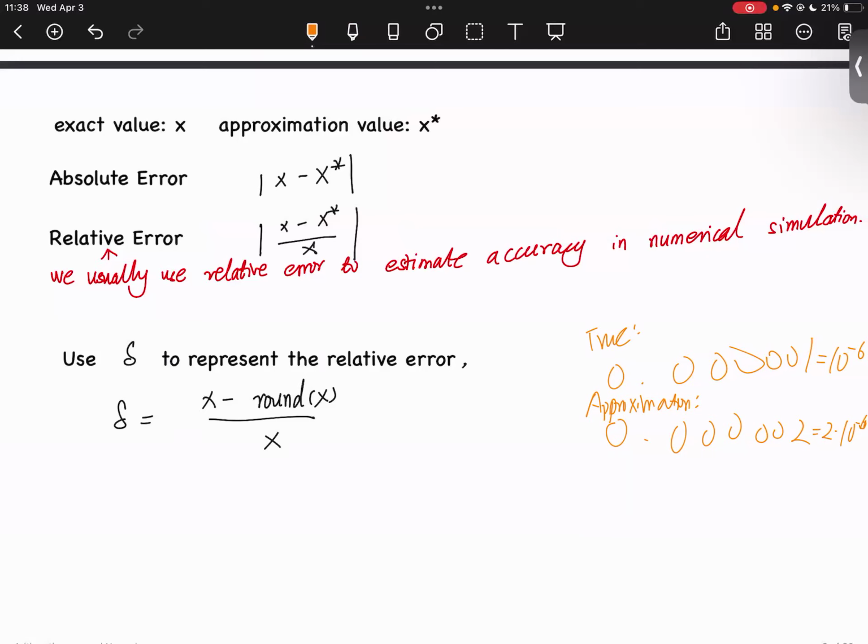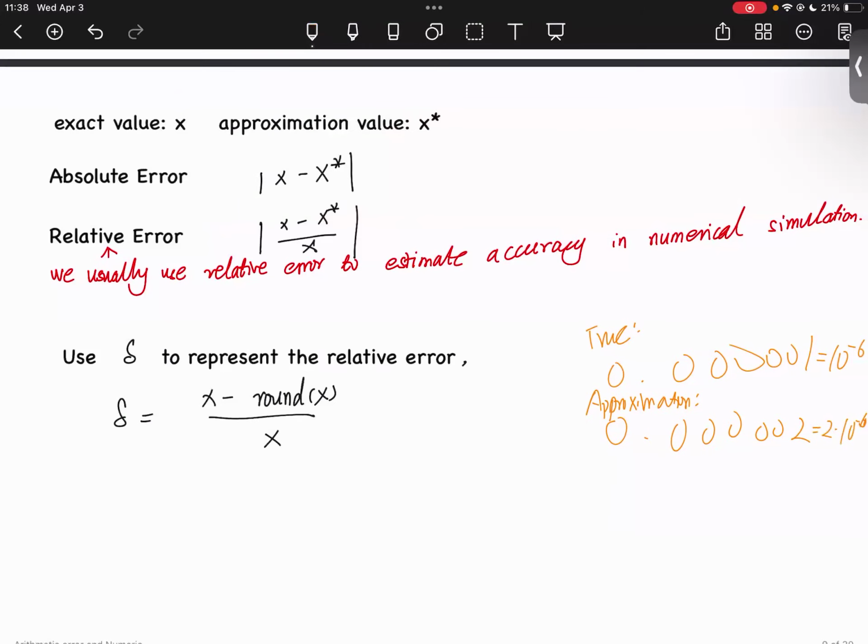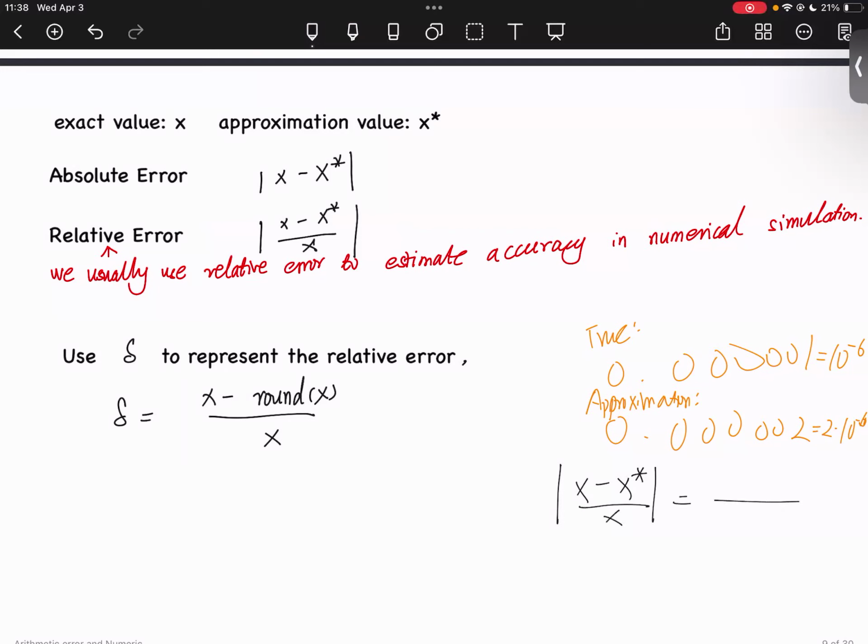We get the true solution minus the x, the approximation number, divided by the true solution, and then it should be 10 to the negative 6 over 10 to the negative 6, and then e equals 1. And this means that we have 100% error, and this is quite large.